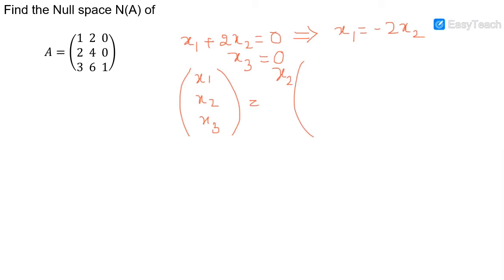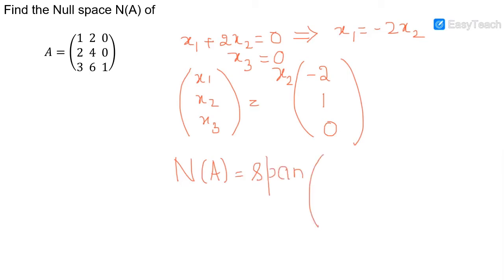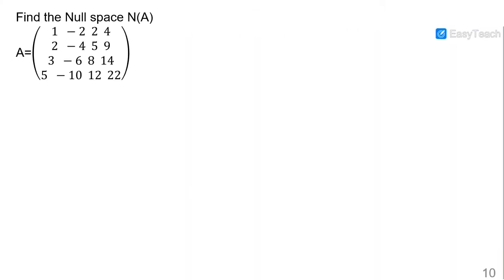Here it is minus 2, and x2 multiplied by 1 will give me x2, by 0 will give me x3. So the null space of A is spanned by the basis vector minus 2, 1, 0. This is the answer.